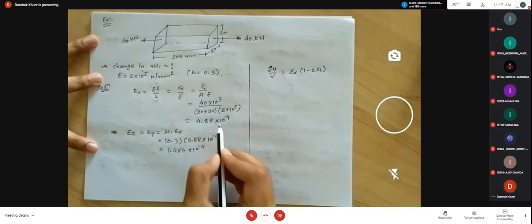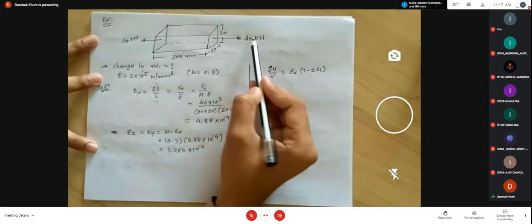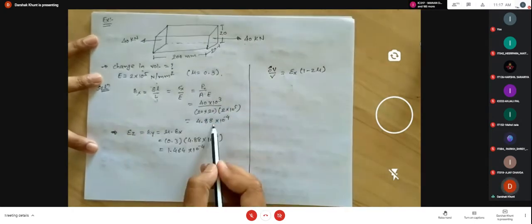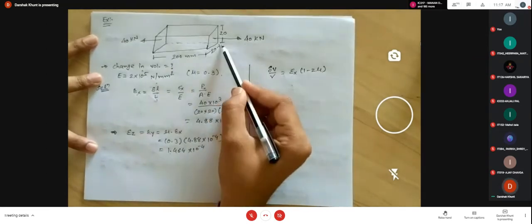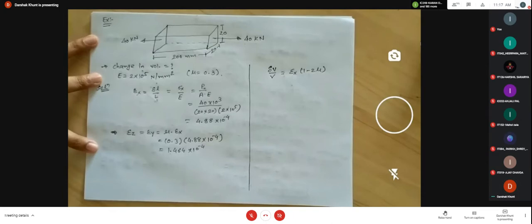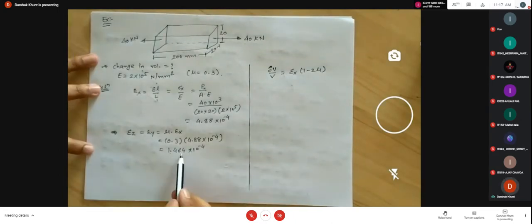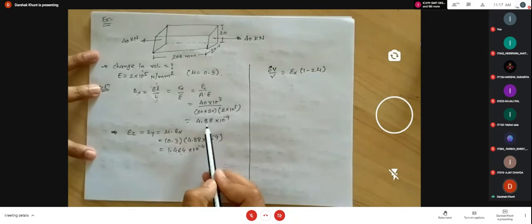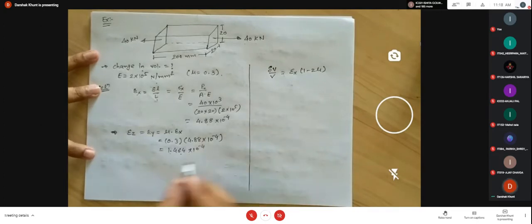So that is the change in the length under the effect of this force in the longitudinal direction, and in the transverse direction, meaning these two directions are the transverse directions. So in that particular direction the strain is this. That is the change in the transverse directions per unit length, and that is the change in the longitudinal direction per unit length. Okay.